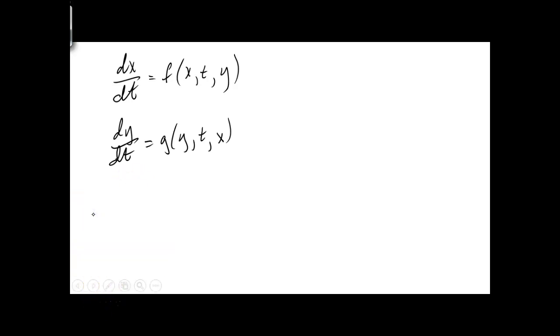I got to talking faster than I was writing. x is equal to some phi 1 of t, and y is equal to some phi 2 of t, on some common interval I. Both of these must be on the same interval I, satisfying each of the equations.